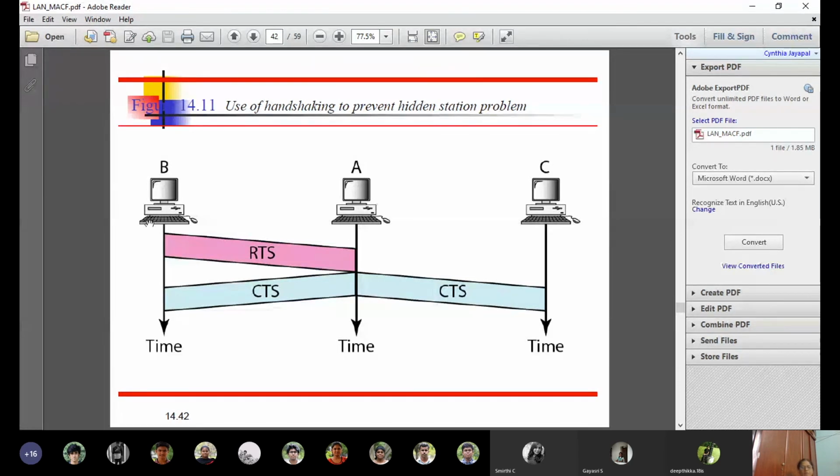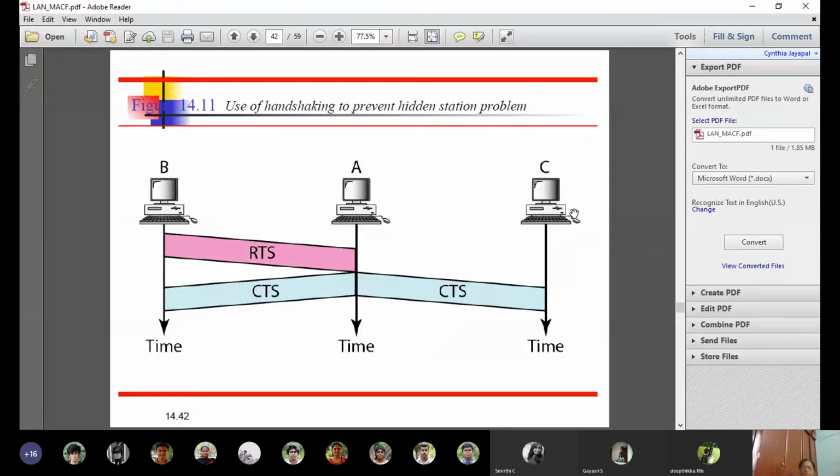I repeat, when B has anything to transmit, it will send a request to send. A in turn will acknowledge it by means of a clear to send, which is also received by the hidden station of B, which is C. Now C knows that someone else is transmitting to A and A has given its acknowledgement. Therefore C will stop transmitting until the end of B's transmission.